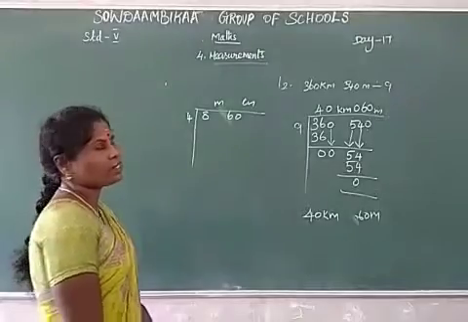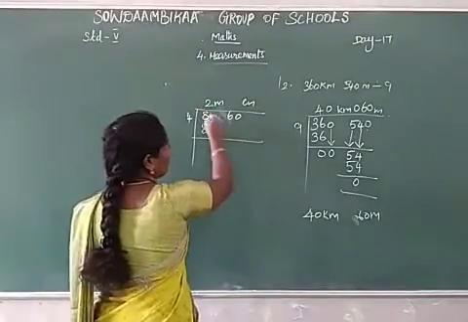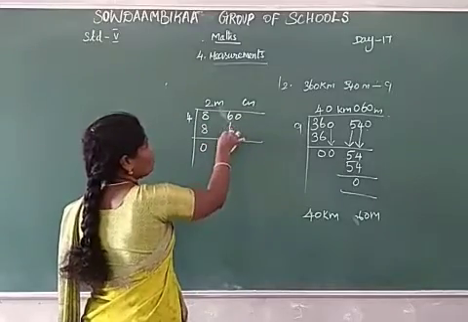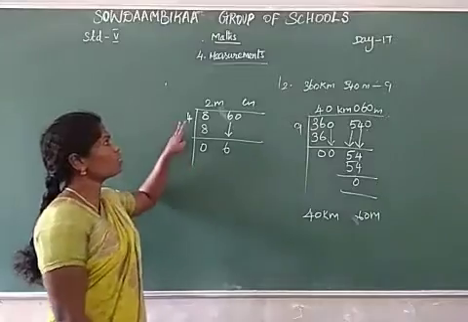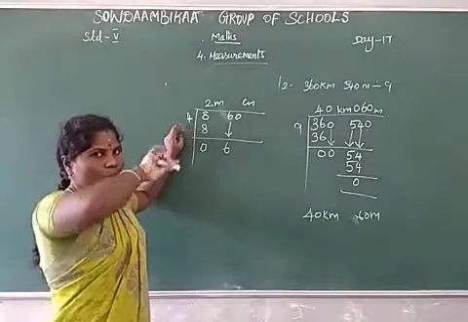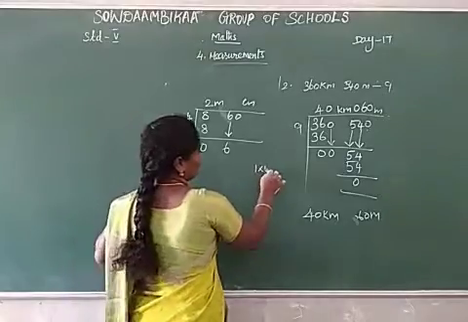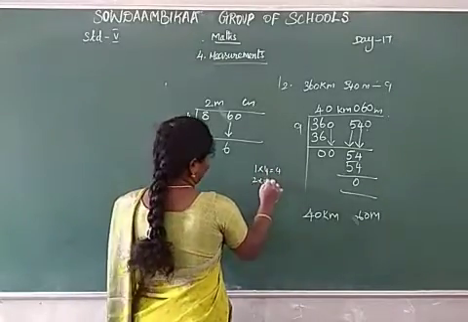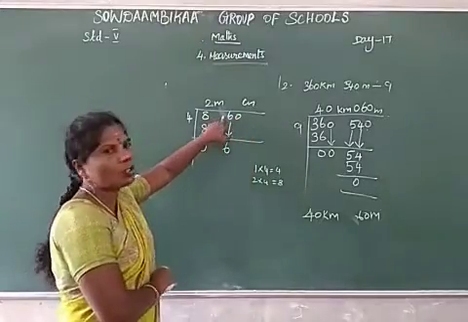How many 4s are 8? 2 fours are 8. 8 minus 8, 0. Next bring down the 6. How many 4s are 6? 1 four is 4, 2 fours are 8. You take the number below 6.